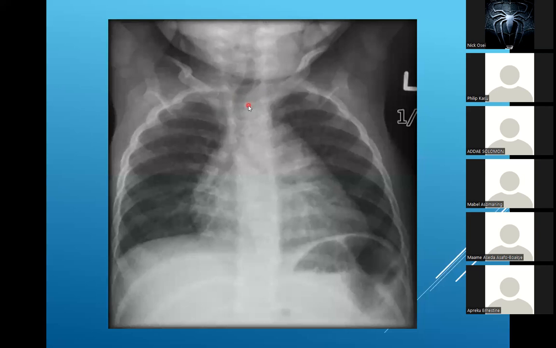What do you think could be some of the reasons why this trachea is deviated? Because of time, let me just go.